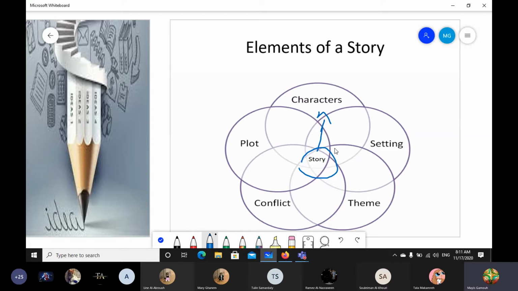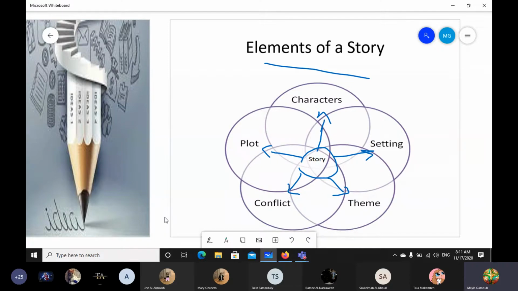The second element will be the setting. The third element will be the theme. The fourth one will be the conflict. And the fifth one will be the plot. So we have here 5 elements in order to write our story: characters, setting, plot, conflict, and the theme.